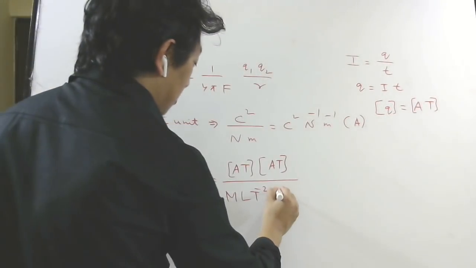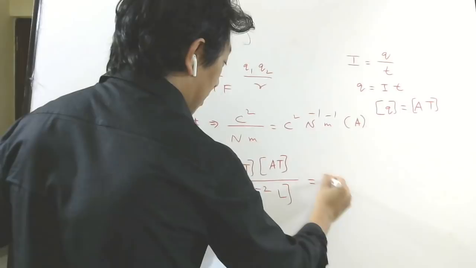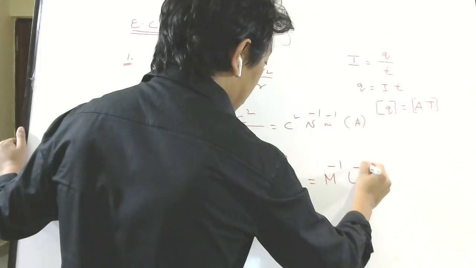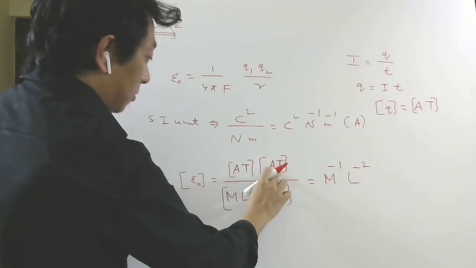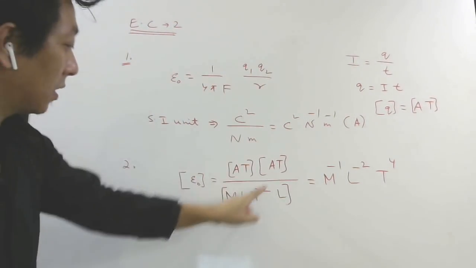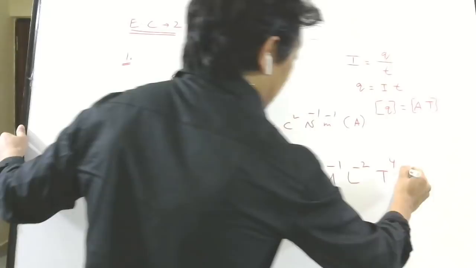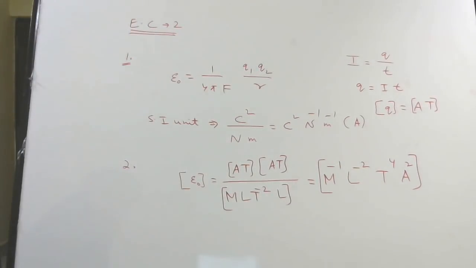And r is distance, so L. So this M will go up, M power minus 1, L into L square, that will go up, L power minus 2, T power minus 2 will go up, T power plus 2, and T into T is T square, so T power 4. And then A will be A power 2. So this is the dimension of permittivity. You can check which option it is, right?